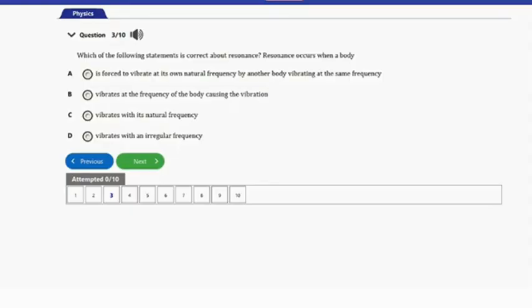C, vibrates with its natural frequency. D, vibrates with an irregular frequency. So guys, the answer to this question is option A here. Resonance is caused when a body is forced to vibrate at its own natural frequency by another body vibrating at the same frequency. So let's go ahead and consider the next question, guys.